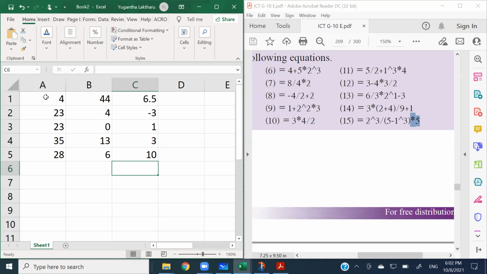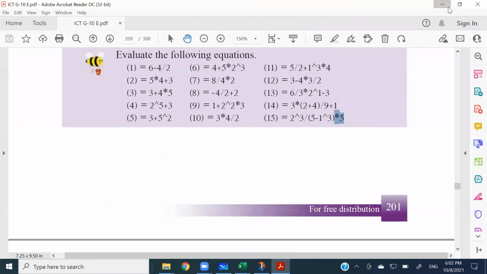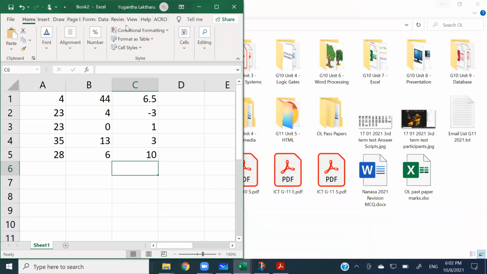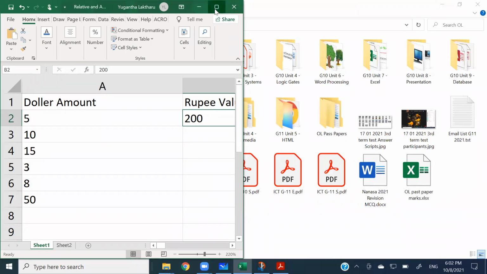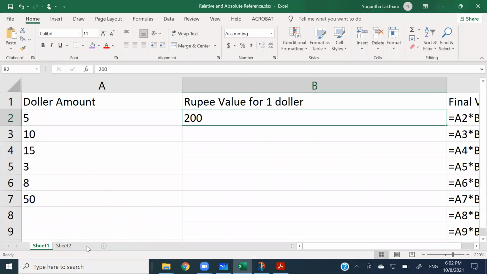And people, if you got things correct in your questions, please mark them as correct with a red pen. If you have any doubtful places, you can always ask me. Meanwhile, I'm going to advance to the relative cell reference practical. So let me take this Excel sheet.